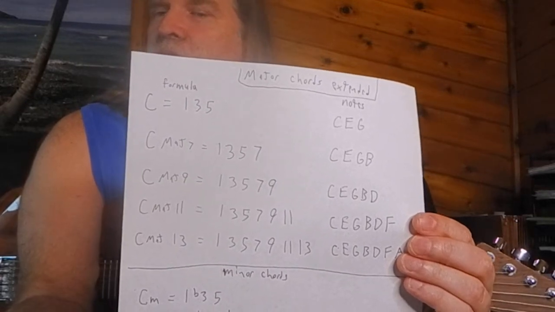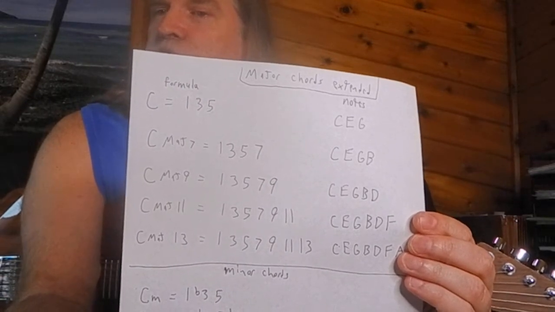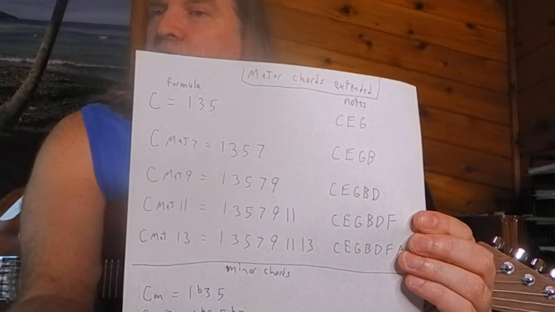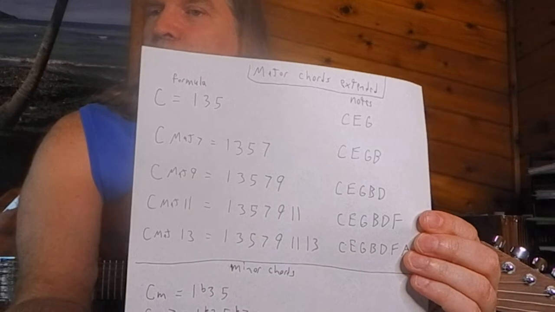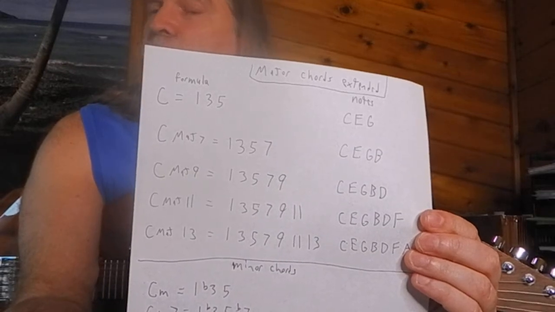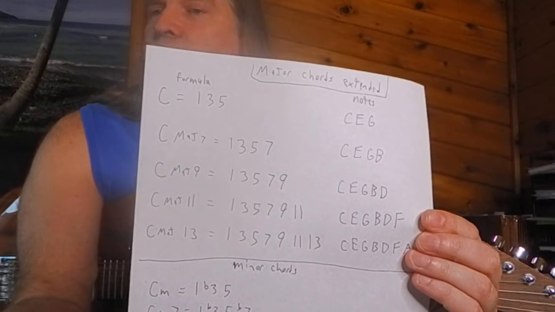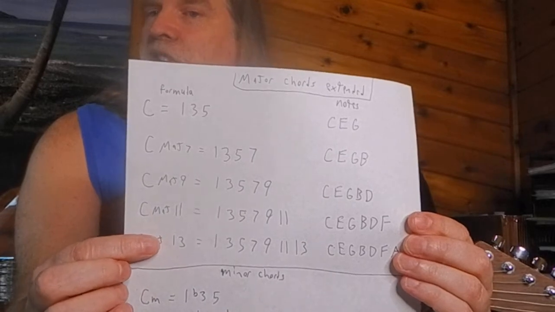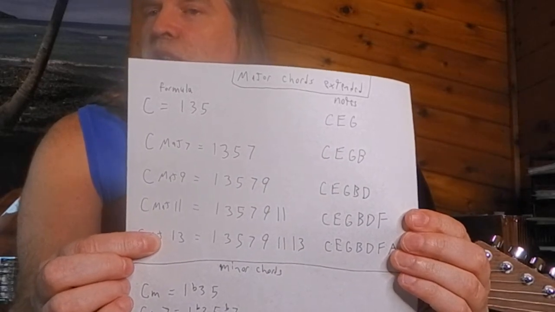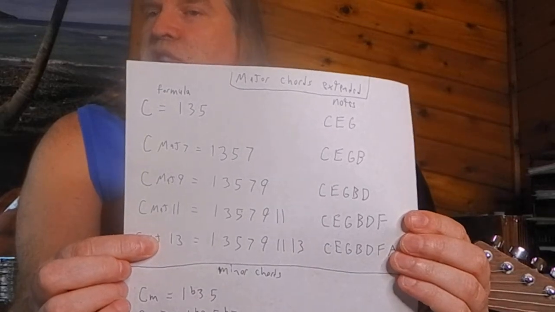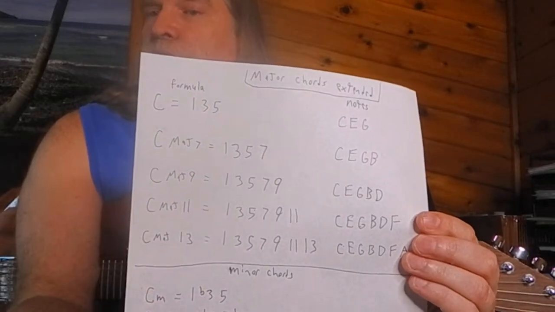So really all you need is the 3rd that makes it major, the 7 that defines what kind of 7th it is, and the 13. And then if you add in the root, great. So 4 notes, very simple. You don't need all 7. They're theoretically there, but a lot of times you'll simplify these chords down into much easier pieces, and that doesn't necessarily make them a different chord.